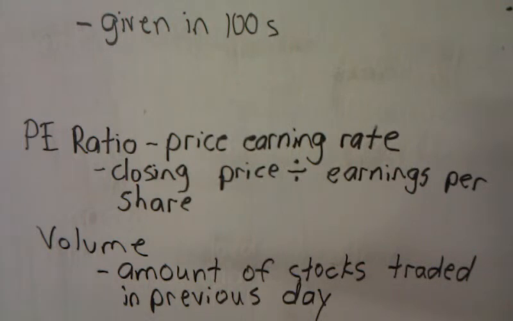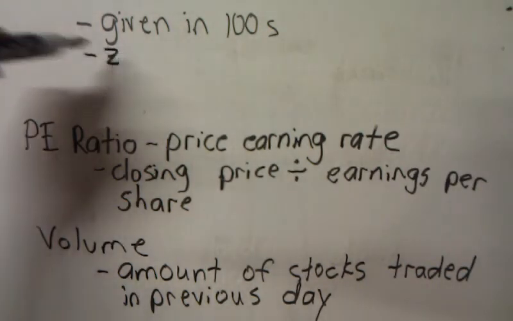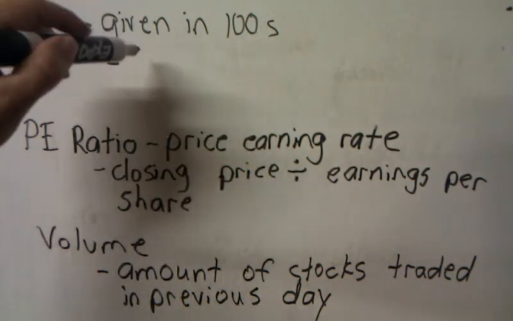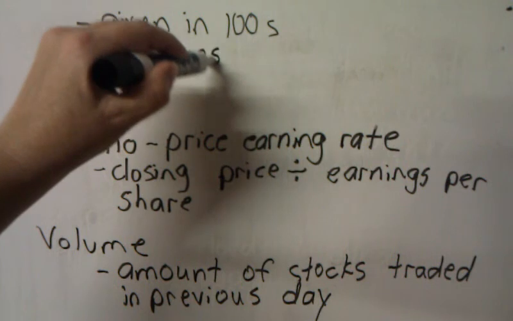But look closely. If there's a tiny z shown before the number, the volume is not given in hundreds, but is the actual number of stocks traded. So if there's a z beside it, it means it's the actual number.